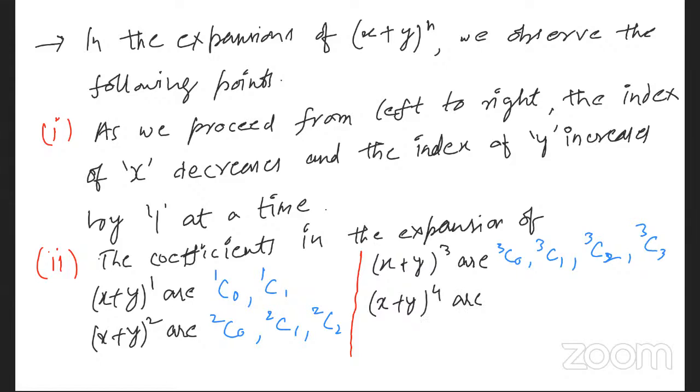What are the coefficients? 4c0, 4c1, 4c2, 4c3 and 4c4. So from these observations, we can easily guess the general formula for the expansion x plus y whole power n, for any positive integer n.